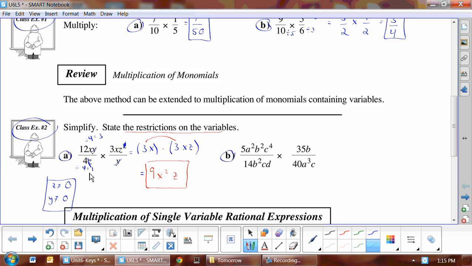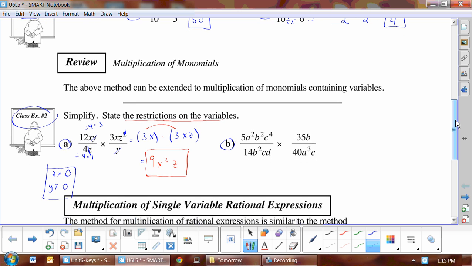Okay, so let's do B now. So same thing. We can't really factor this one, but those will be coming up, so don't worry. But we have lots of common factors. Kevin, can you give me some common factors?